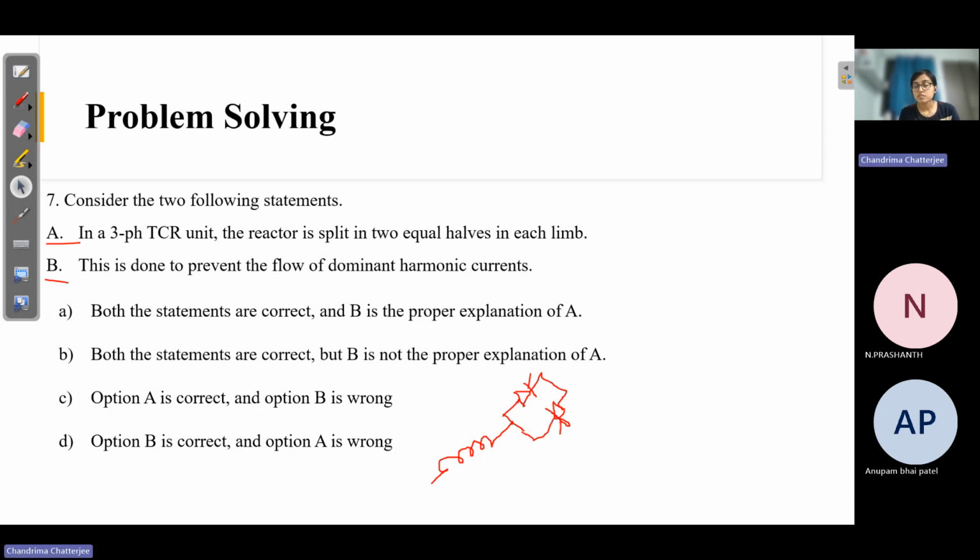Like this, and then again, the reactor like this. This is one limb. Like this, there will be two other limbs of the delta connection. This is L by 2 and this is L by 2.